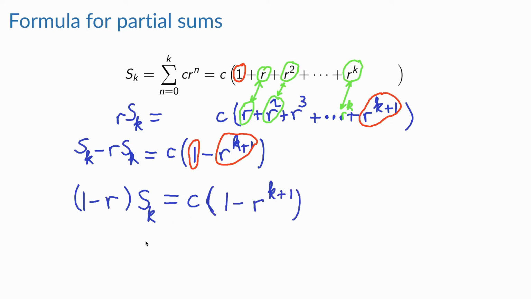And now I just isolate S_k. So I get c times 1 minus r to the k plus 1, divided by 1 minus r. And that is a formula then for S_k.